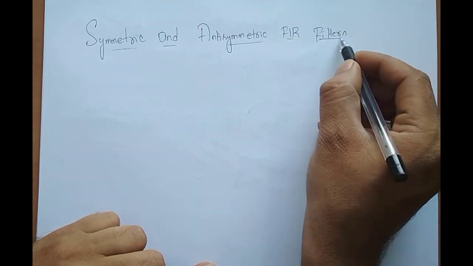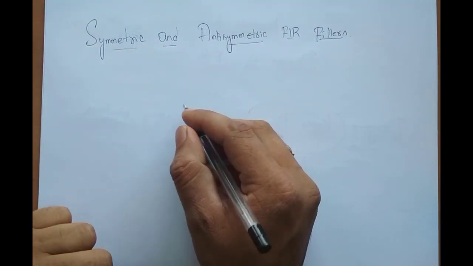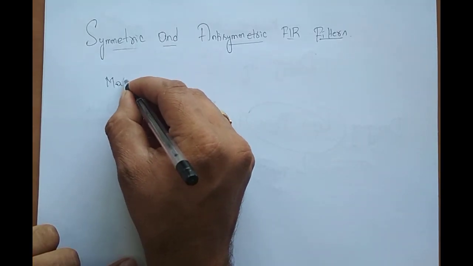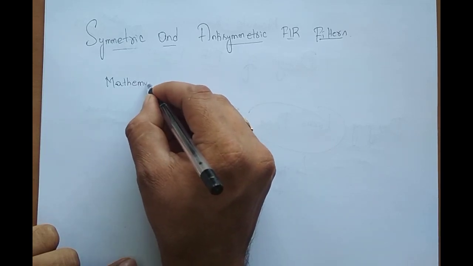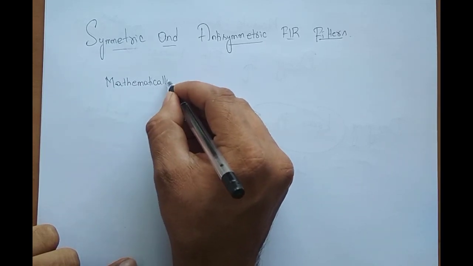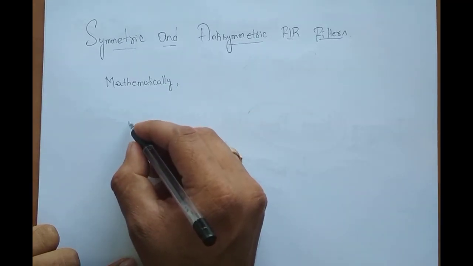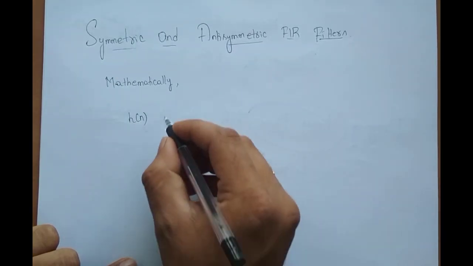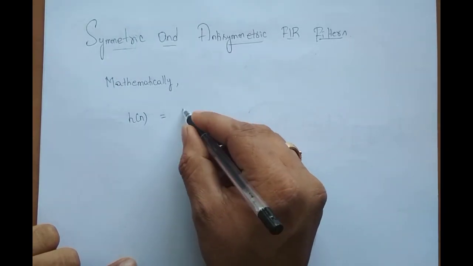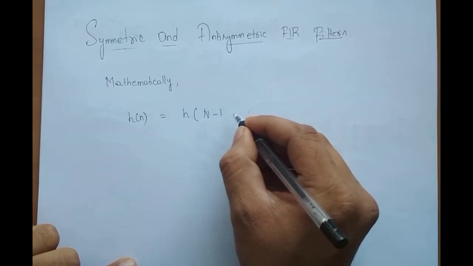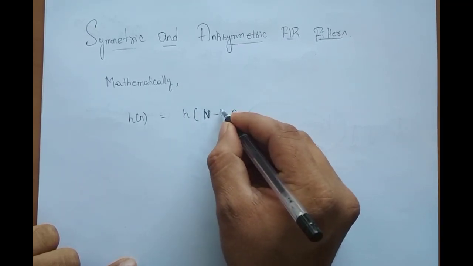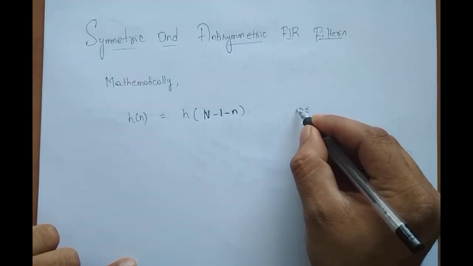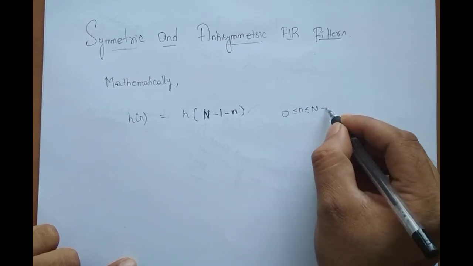This classification is done based on the impulse response of the filter. Mathematically, symmetric FIR filters can be represented as h of n is equal to h of capital N minus 1 minus small n, where n is varying from 0 to N minus 1.